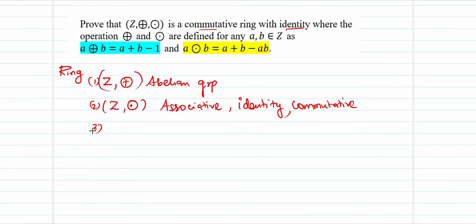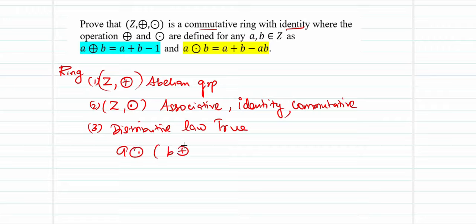And the third thing is you need to show that the distributive laws are going to be true. Which means a dot circle of b plus circle c will be the same as a dot circle b plus circle a dot circle c.